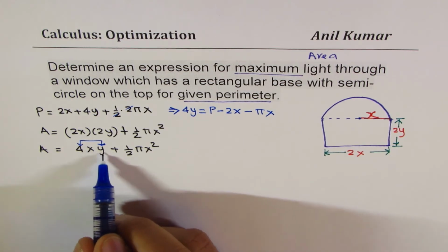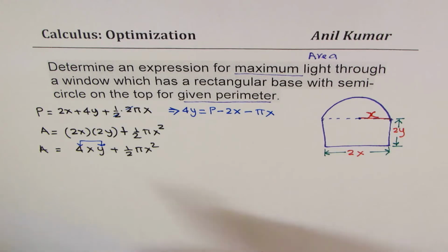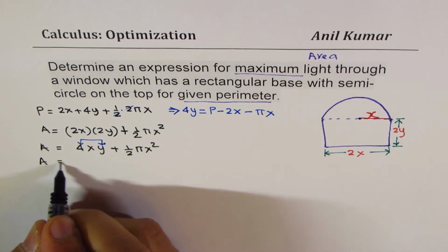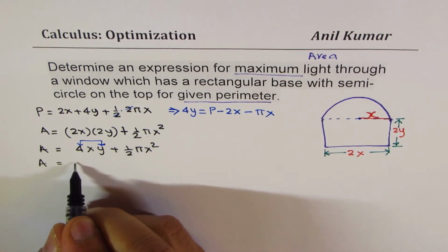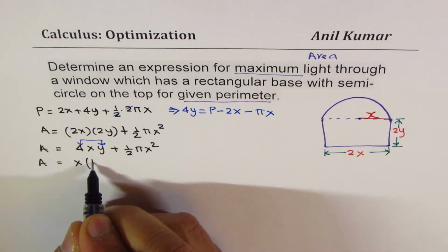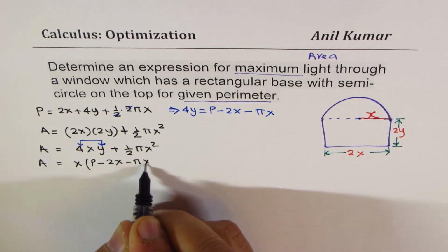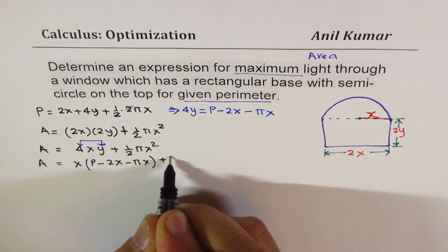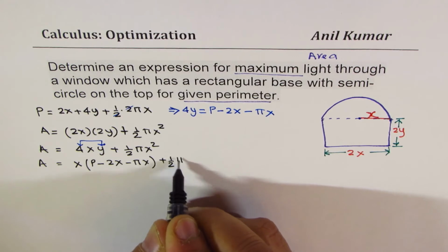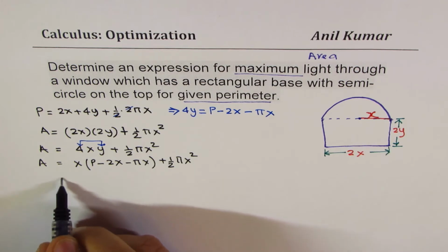We'll replace 4y with this value, and then we can write area as a function of x as x times, so instead of 4y, I'm writing all this, which is p minus 2x minus pi x, correct? And we already have half of this circle area, correct?